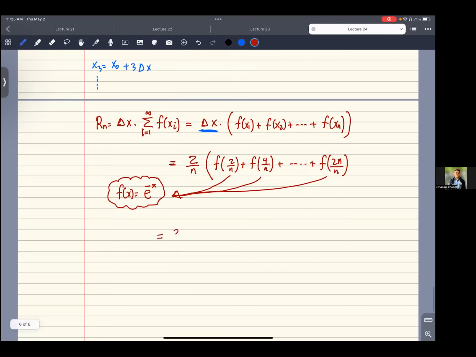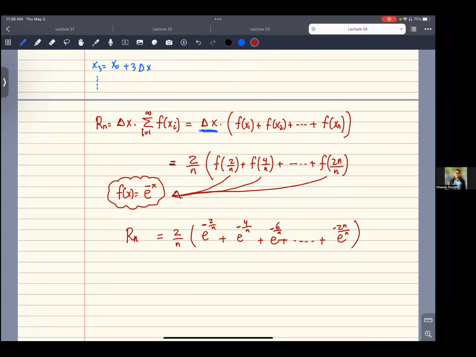I get 2 over n times e to the minus 2 over n, plus e to the minus 4 over n, plus dot dot dot, e to the minus 6 over n, plus some more points, plus e to the minus 2n over n. This is r of n.